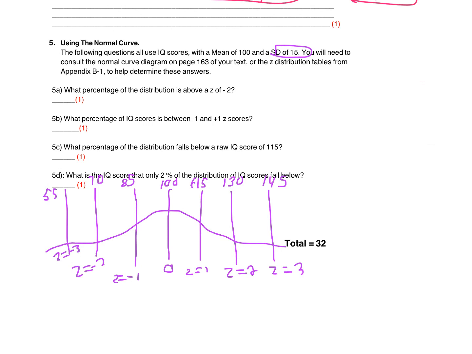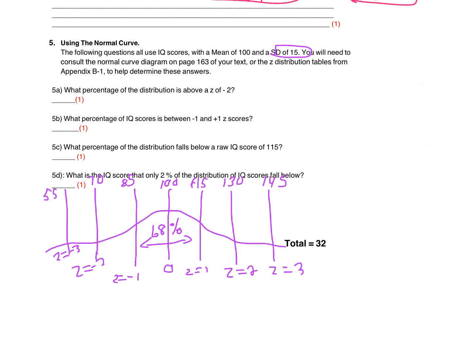There's a rule called the empirical rule, and it tells us how much of the population fits in between all of these lines that I've drawn on this normal curve. For instance, anything that's between -1 and 1 standard deviation away from the mean, 68% of the population fall in that range.